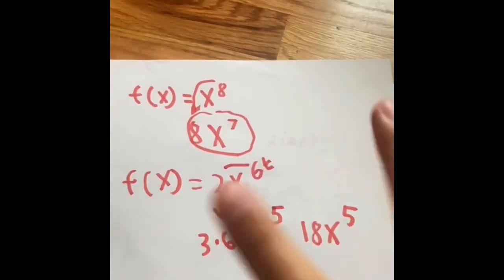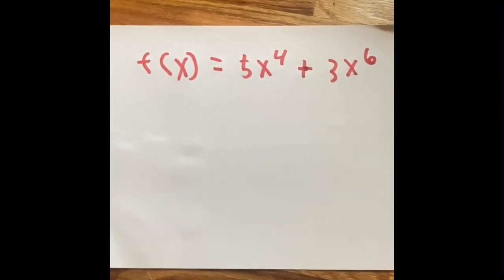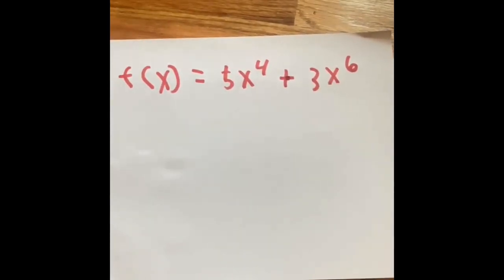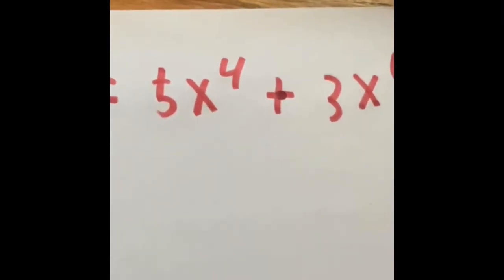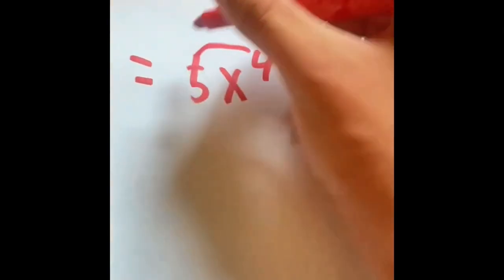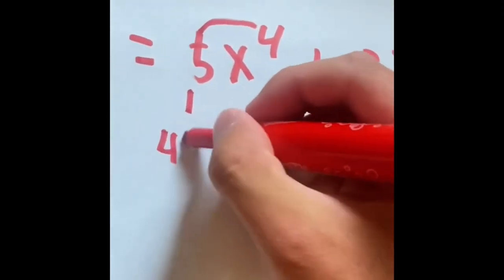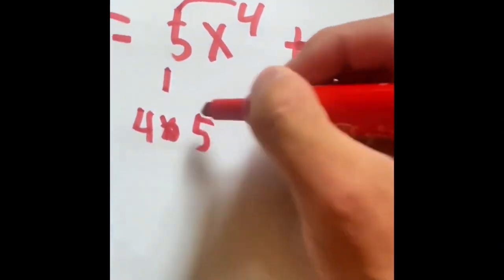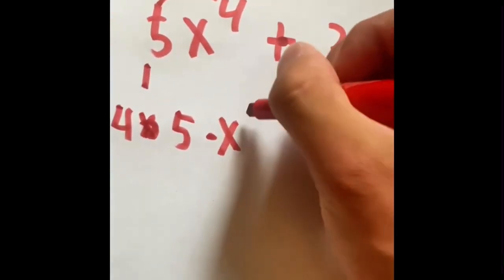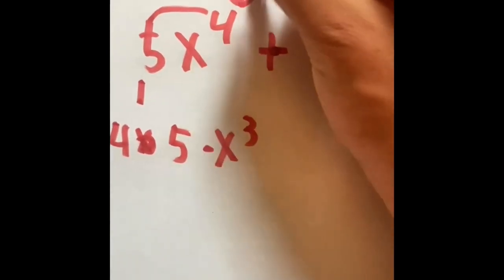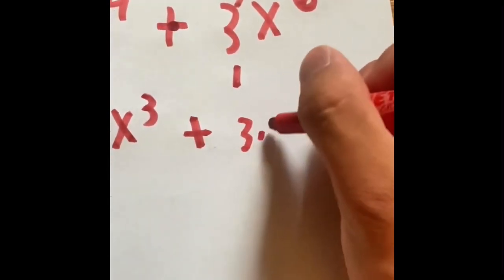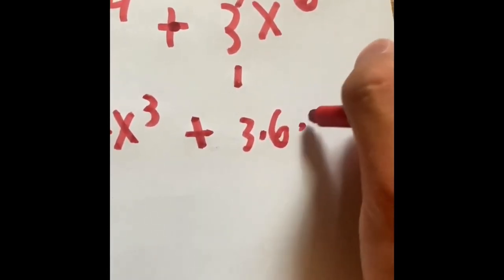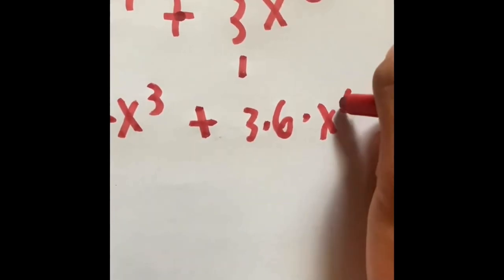In a nutshell, the last thing we can do is find derivatives if we have more than one object on the field. Here's an example. We take this down and this down, and we have 4 times 5 times x to the power of 3. Level this down. Then we add 6 and 3 down here: 3 times 6 times x to the power of 5.